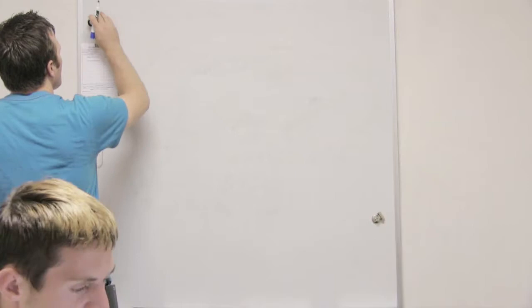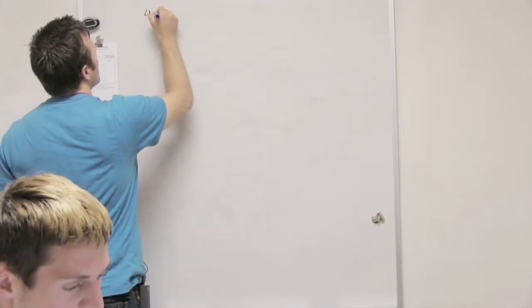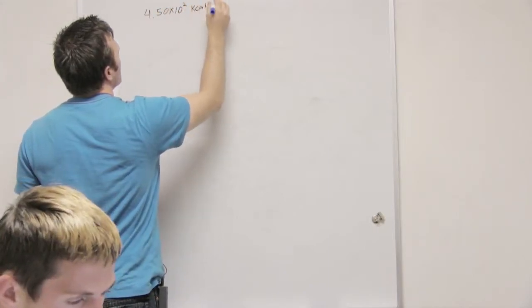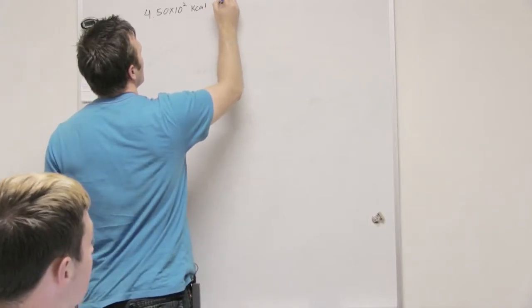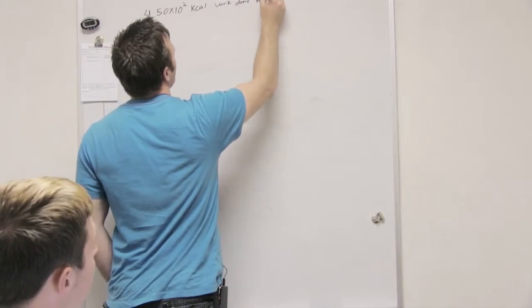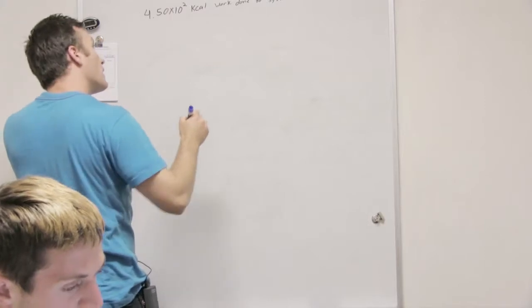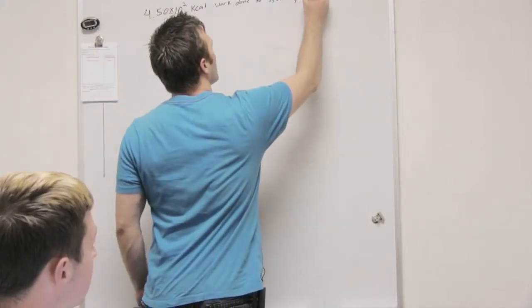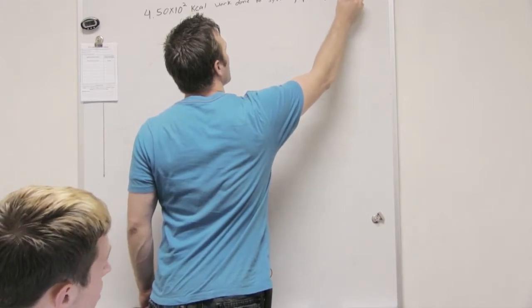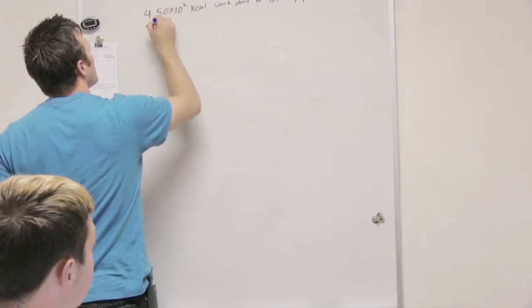So if a system has 4.50 times 10 to the second kilocalories of work done to it, and then 5.00 times 10 to the second kilojoules of heat is released into the surroundings.